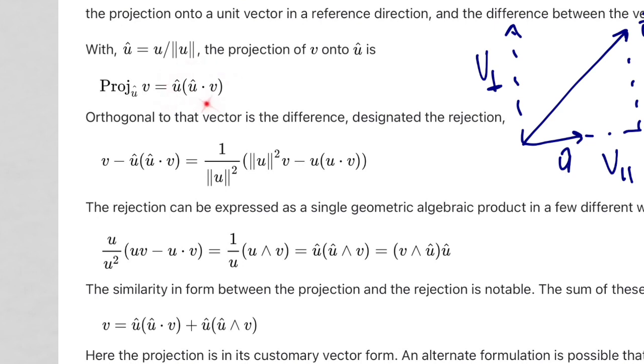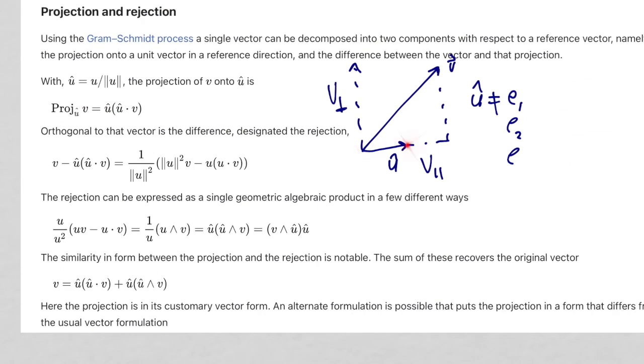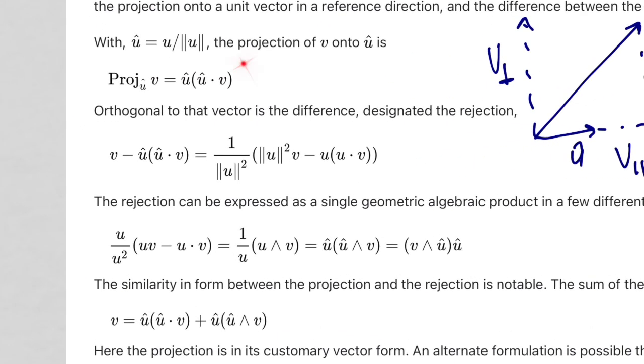So this is actually true in both regular vector algebra and geometric algebra, because this is a number. Remember, when you have two vectors and you take that dot product in geometric algebra, it's the same as in vector algebra. So this is a number times a unit vector. And so we know the direction is right, because the projection is in the direction of u.